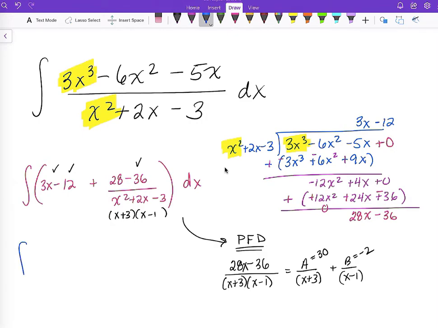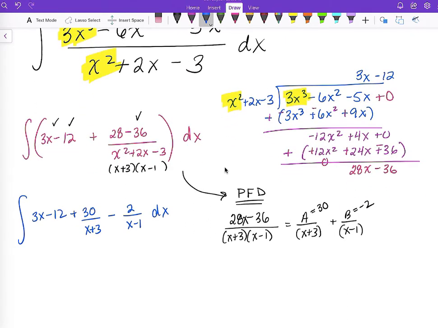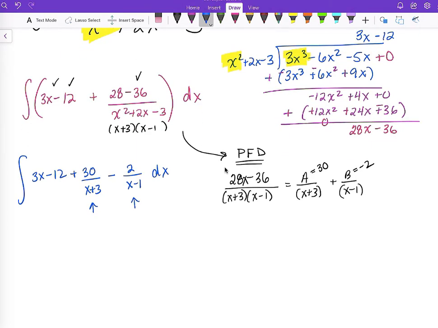Okay, so let's go ahead and rewrite this. It is going to be the integral of 3x minus 12, plus 30 over x plus 3, minus 2 over x minus 1, dx. At this point now, I can take antiderivatives. Because these denominators are of degree 1, I'm going to get natural logarithms.